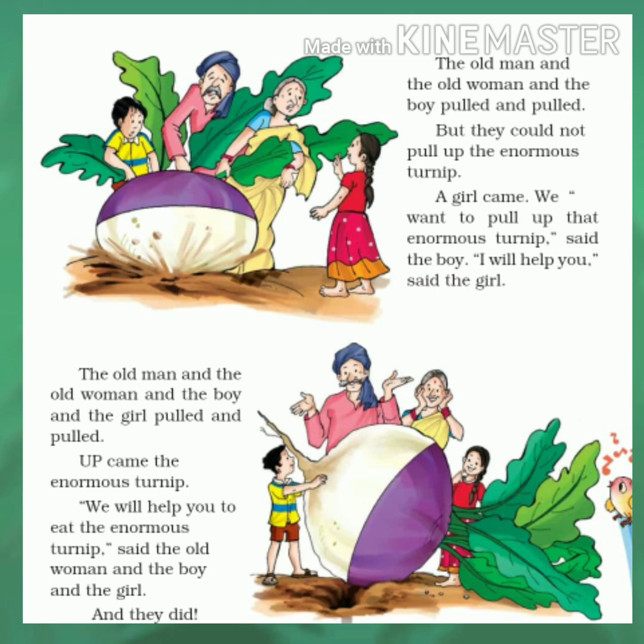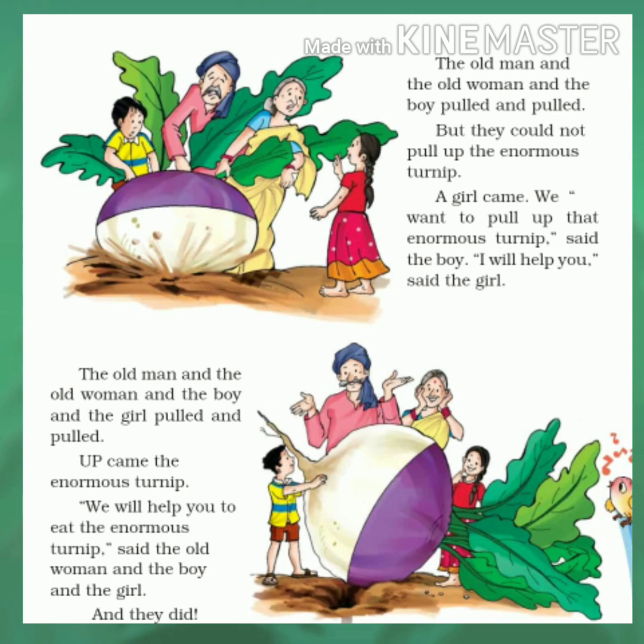Now they all four, who are they? The old man, the old woman, the boy and the girl, they all together in a team started to pull up the turnip from the ground. And guess what happens? They succeeded this time.